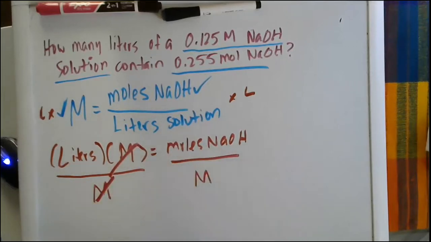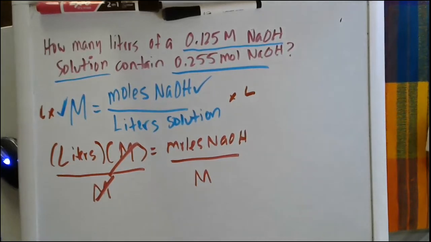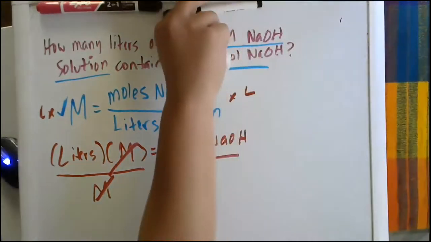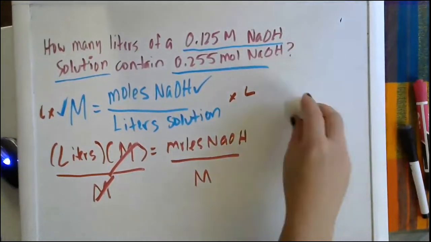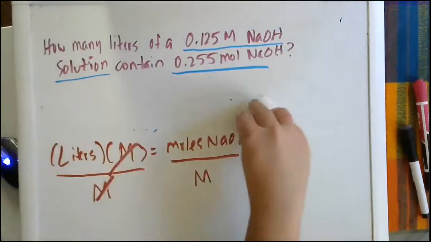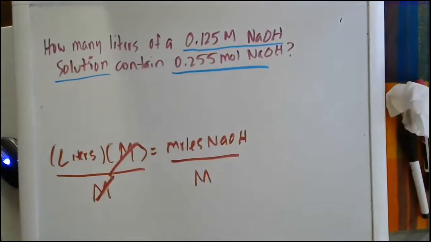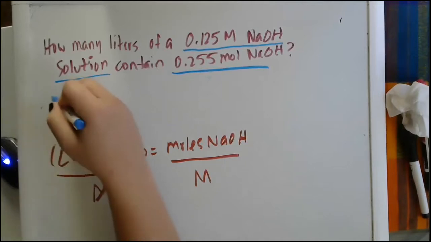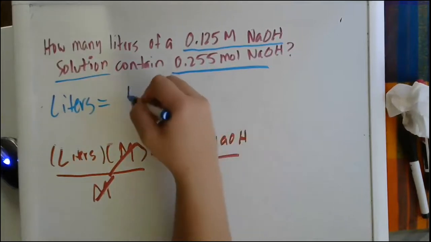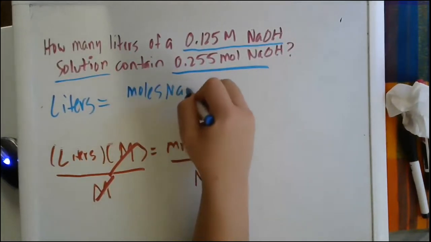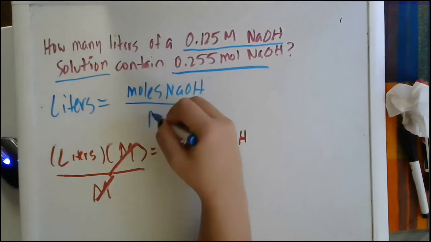So I get a final expression. Let me erase the top, I have a little more room. We'll erase this first one. So my formula that I'm going to work with here is liters is going to equal moles of NaOH divided by molarity.